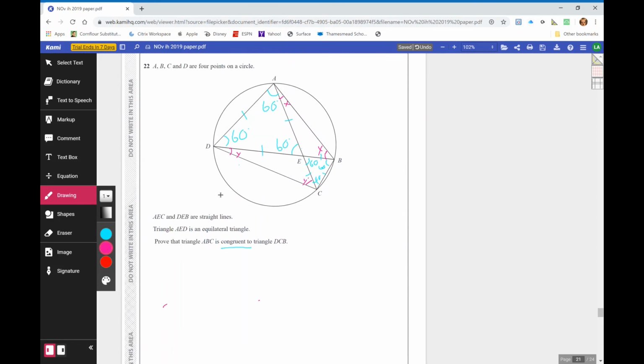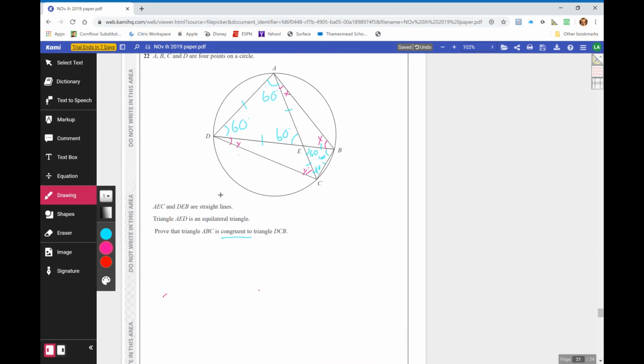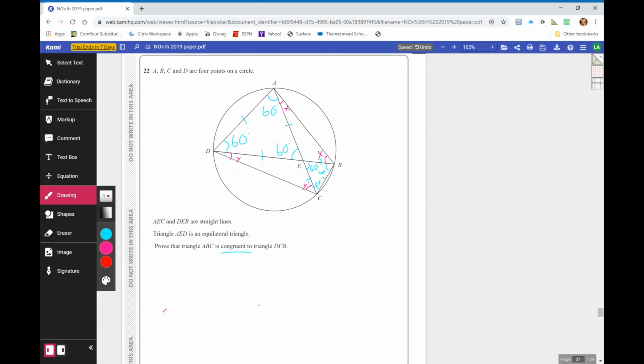So let's have a look at actually proving that. There's 4 marks available for this. This is all about proofs, so it'll be all in the words, making sure you're saying the correct words in the right place. So first of all, you can say, if you look at the angles that are the same, so it's Y and Y, that is the top of the triangles that we're trying to prove a congruence.